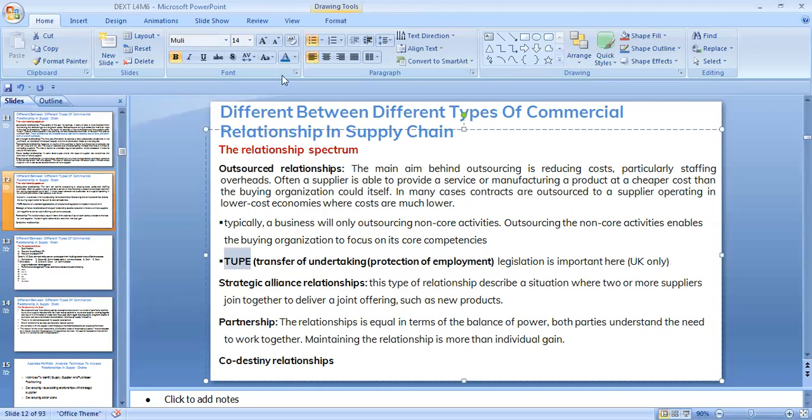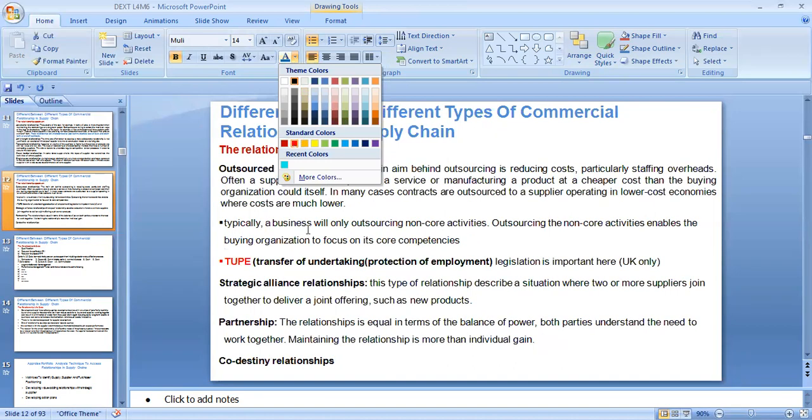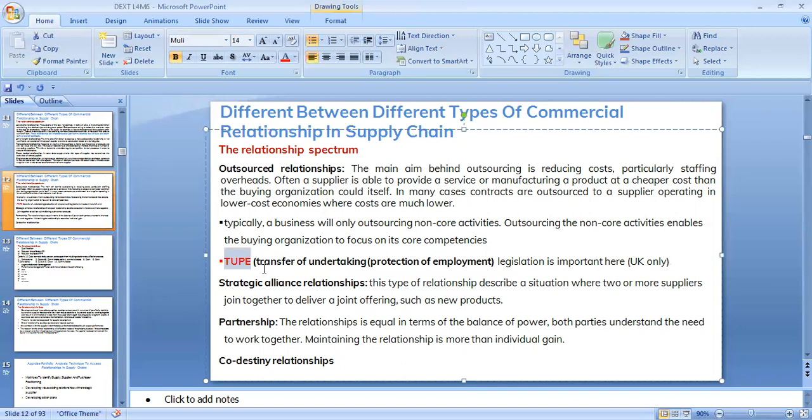I'm changing this TUPE to red so you can catch it immediately. The full meaning is Transfer of Undertaking, Protection of Employment.